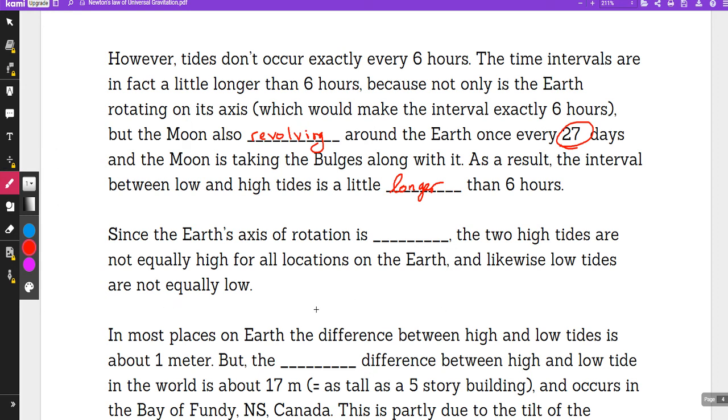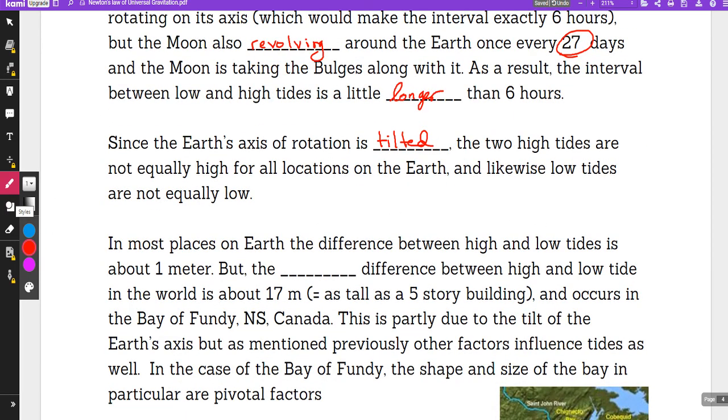Now, since the Earth's axis of rotation is tilted, the two high tides are not equally high, and the same thing for low tides. In most places on Earth, the difference between high tides and low tides is about a meter, but the largest difference is about 17 meters and actually occurs in our very own Bay of Fundy in Nova Scotia.